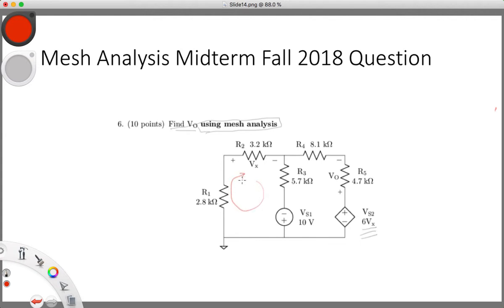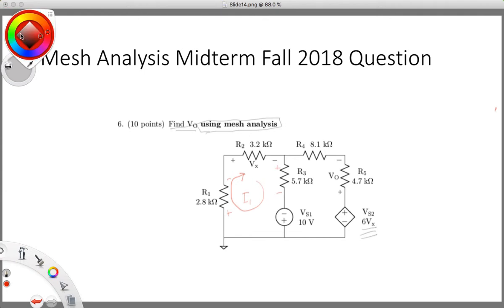I don't want to have to redefine the polarity around my R2 resistor. Similarly, once I've got that defined, so that's my I1, that means I have a positive sign here, a negative sign here, a positive sign on this end of R3 and a negative sign on this end of R3.